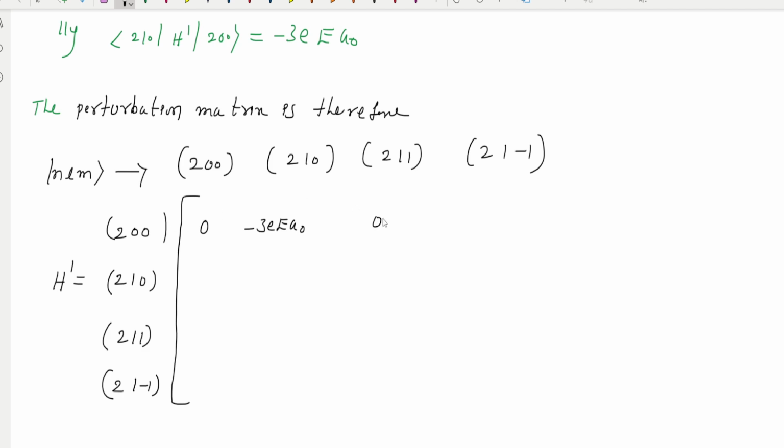And remaining all these terms are 0 except these two situations, right? 3 E A naught. 0, 0, 0, 0, 0, 0. These are the fourfold degeneracy energy levels, 16 matrix elements, except 2 remaining all are 0. Okay.